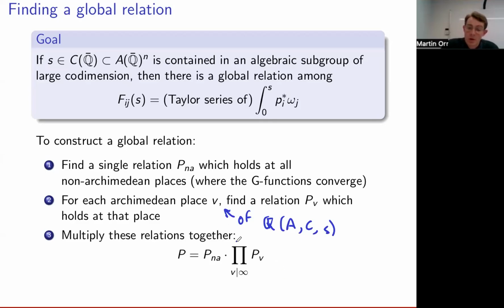So the number of Archimedean places that I have to consider here is the degree of this field, which of course, if I regard A and C as fixed, but I allow this point S to vary, is proportional to the degree of my field Q, and it's from here that the dependence on this degree comes up in the height bound that I get out at the end.